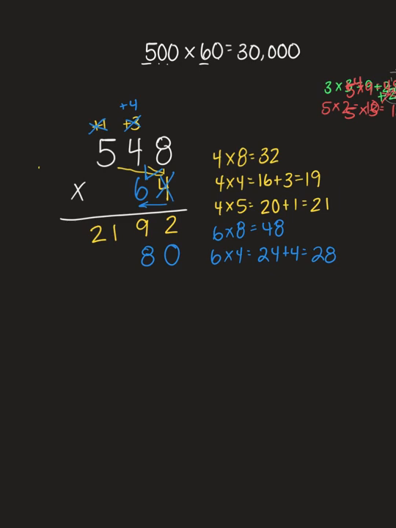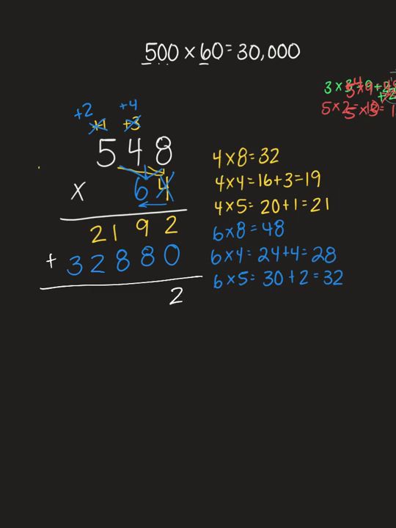I still have a number to multiply by, so I'm going to put the 8 down, and I am going to carry the 2 to the hundreds place. And then finally, 6 times 5 gives me 30, plus the 2 that I carried gives me 32. Nothing left to multiply or to carry over top of, so I can write 32, keeping all my digits nice and lined up. And then our final step is to add.